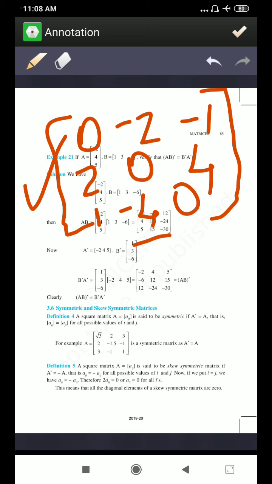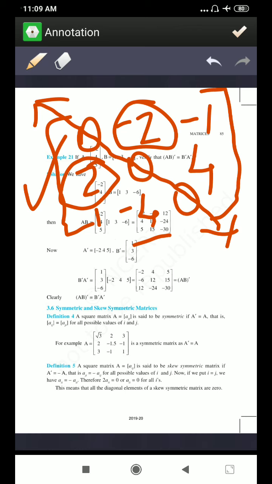So the condition to get skew symmetric matrix is very simple. In a skew symmetric matrix, all your diagonal elements should be 0. First condition. Second condition, each element Aij must be equal to minus Aji. Means A12 will be minus A21, A13 is minus A31, and A23 is minus A32.